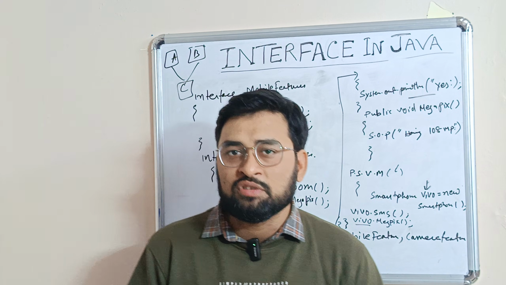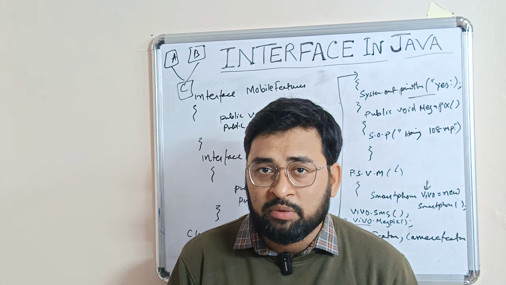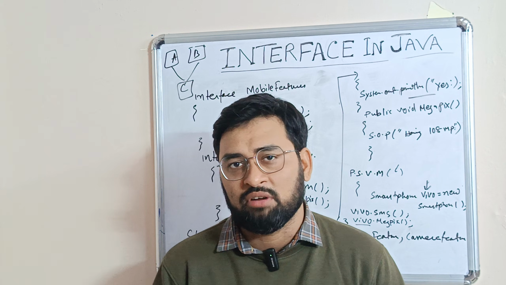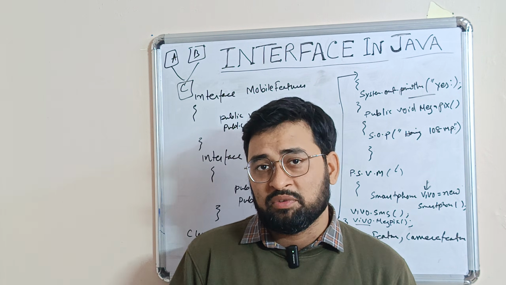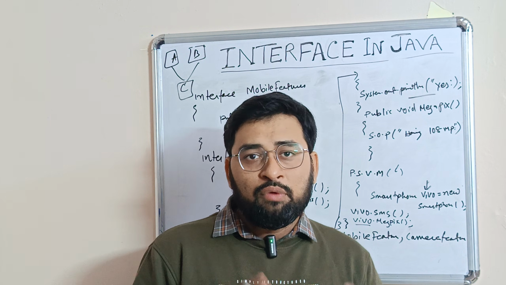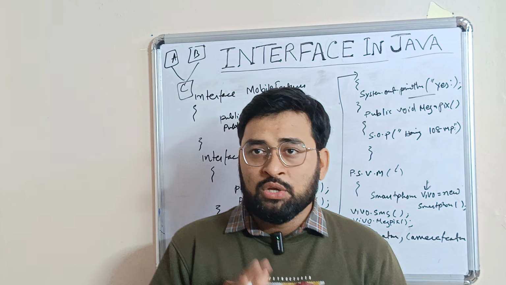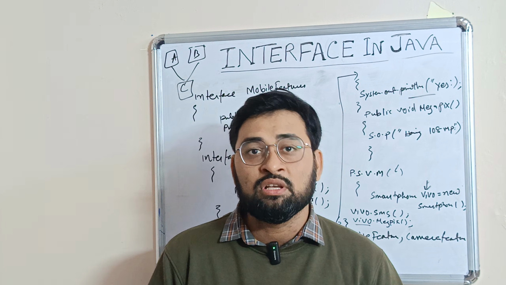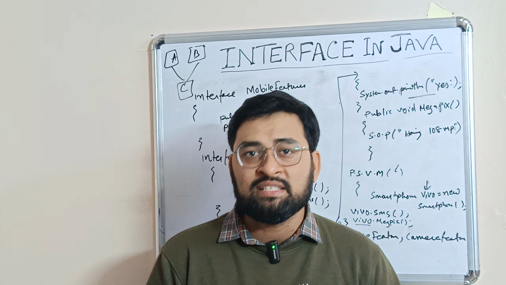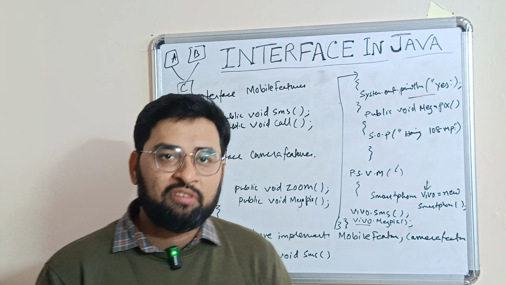This is a very confusing topic, a very dry topic, and the most important topic for Java. Whoever is learning or studying Java and wants to know the deeper concepts of Java, without interface it is not possible. Abstraction is there, but to achieve complete 100% abstraction along with multiple inheritance, we require the interface concept.